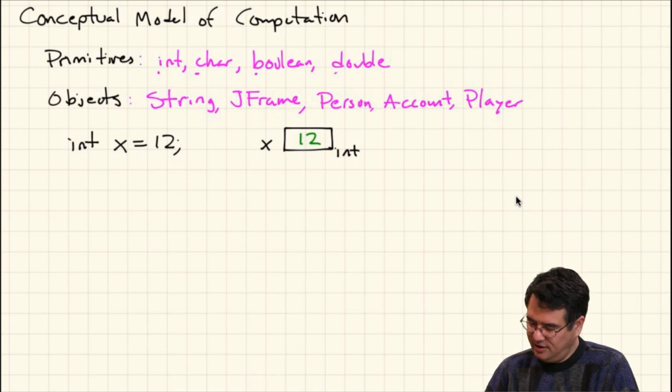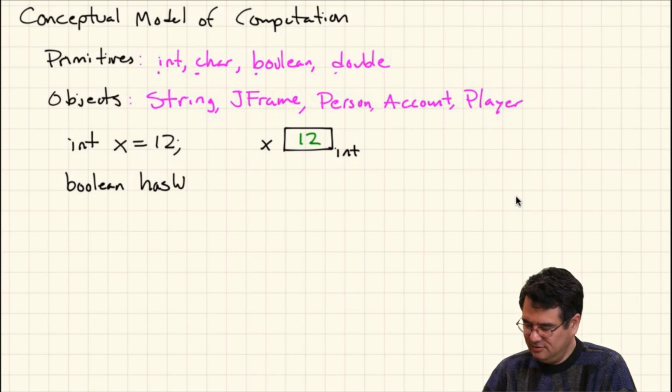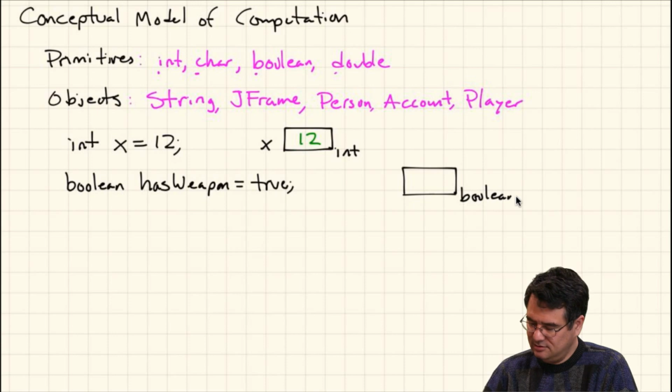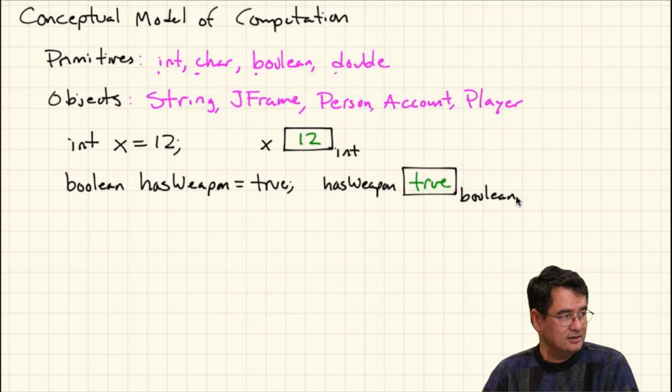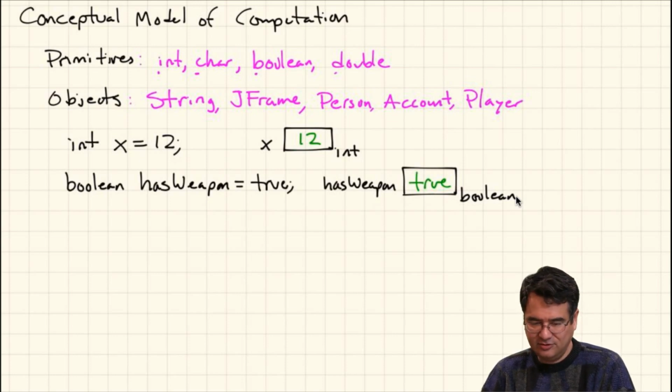Likewise, if we have a boolean called hasWeapon equals true, then there's a box of type boolean labeled hasWeapon, and in that box is the value true. Okay, so far I think this is pretty straightforward.